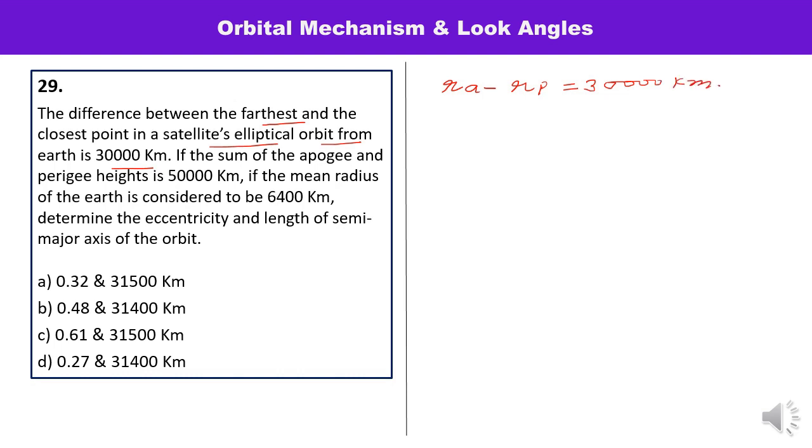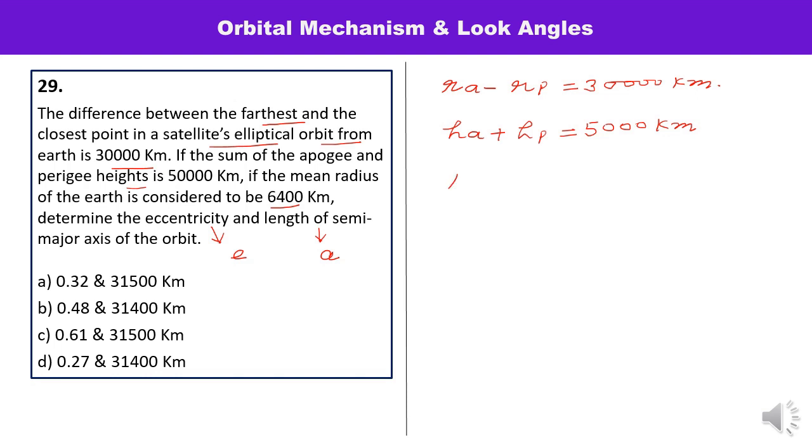Then it is given that the sum of apogee and perigee heights, it means HA plus HP, is what? 50,000 kilometer. Mean radius of Earth is also given, 6400, and you have to determine eccentricity means E and length of semi-major axis means A.